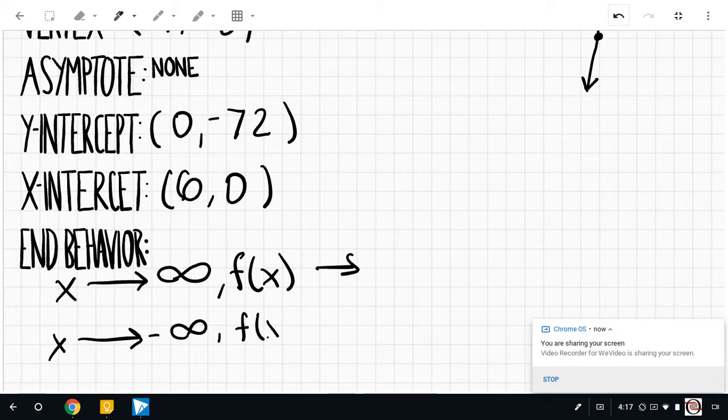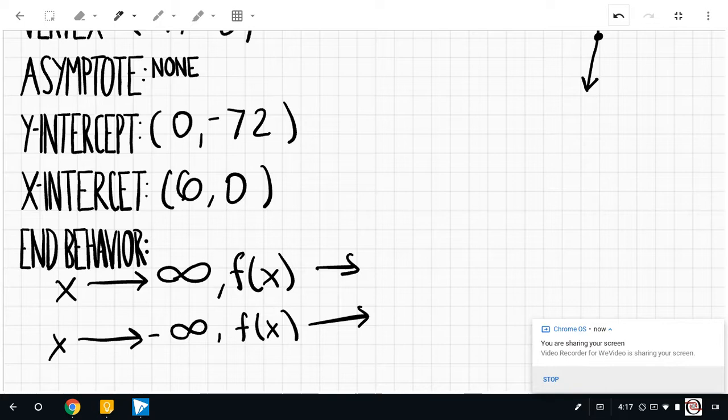I like to think this is the format: you're always going to have these two. As x is approaching infinity, f of x is approaching blank, and as x is approaching negative infinity, f of x is approaching blank.